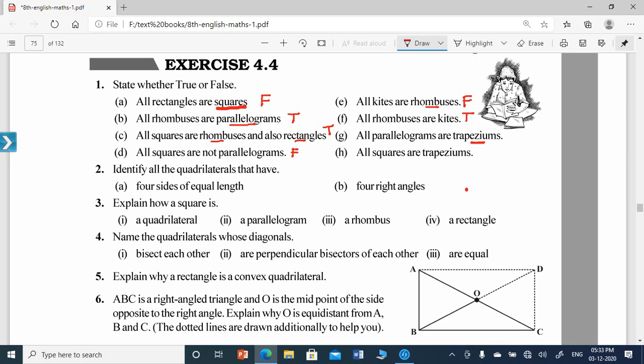In parallelograms two pair of sides are parallel, but for trapezium if one pair of sides are parallel it is enough. Therefore, all parallelograms are trapeziums. True. All squares are trapeziums. To become a trapezium, one pair of sides should be parallel. In square, one pair of sides are parallel. Therefore, all squares are trapeziums.